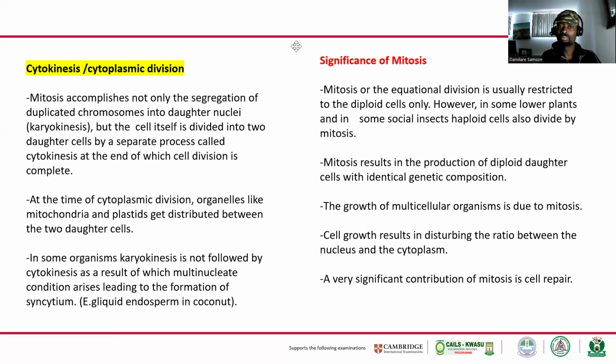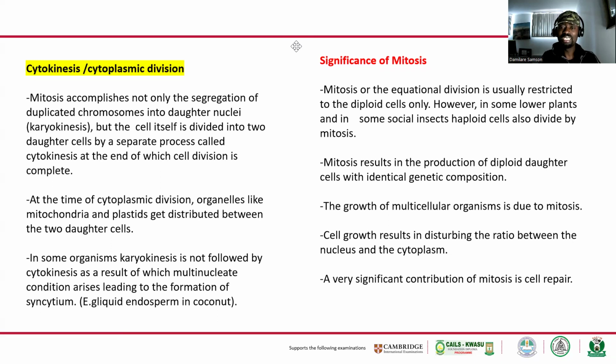But in plants, we have it in haploid and in diploid. And also in some social insects, like termites, haploid cells also divide by mitosis. I'm not saying a particular one, but in some of them you might have haploid cells undergoing mitosis, but basically it occurs most in diploid cells.